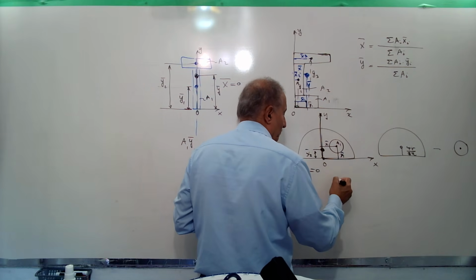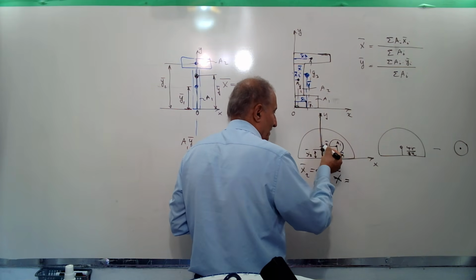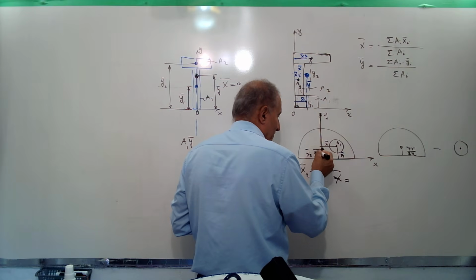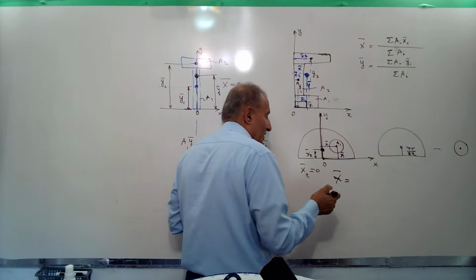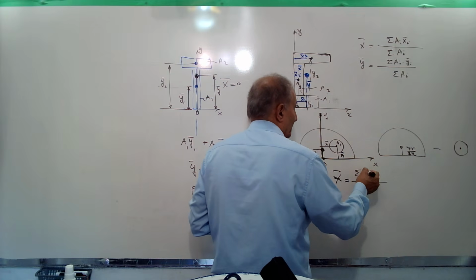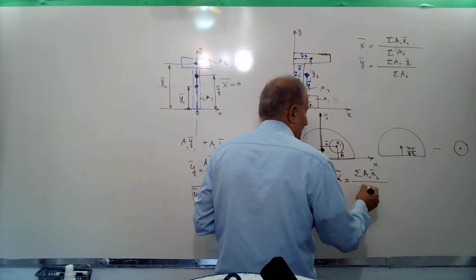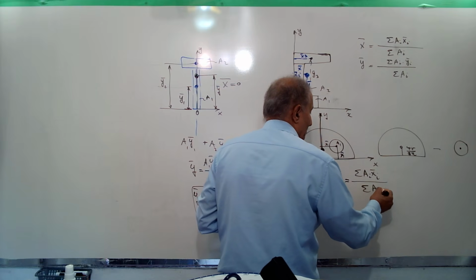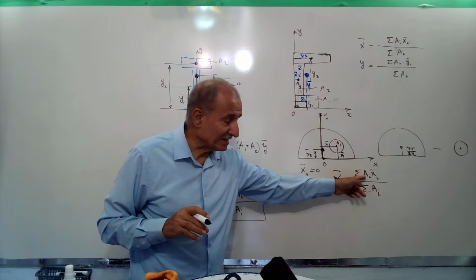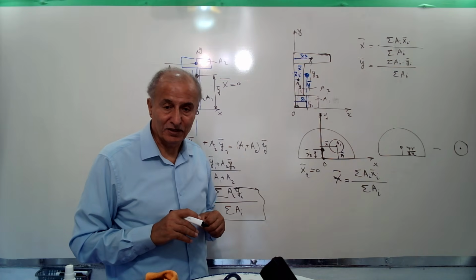What happens for x bar, for the centroid, where maybe the real centroid will be somewhere around this point here? It is the summation of Ai x bar i divided by the summation of Ai. But here, instead of adding together, you must subtract the areas from each other.